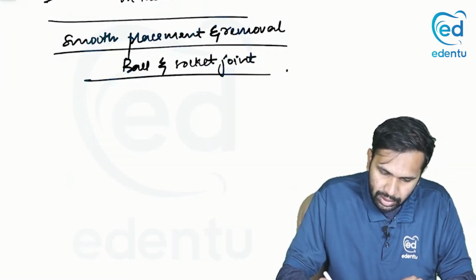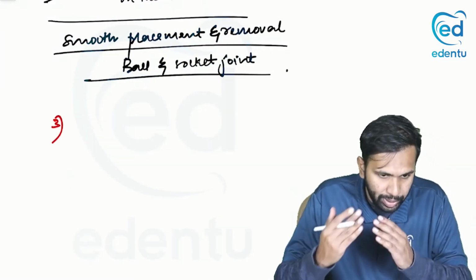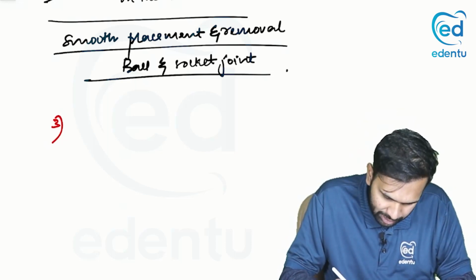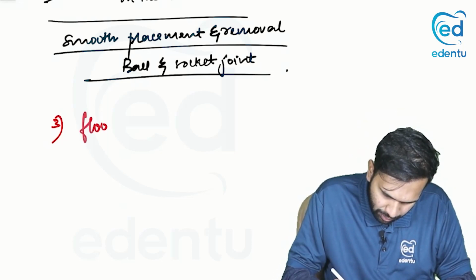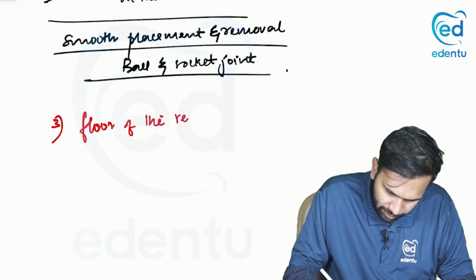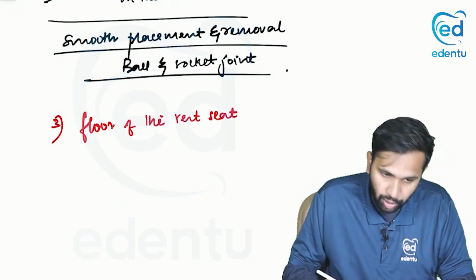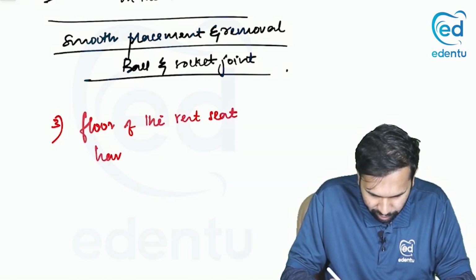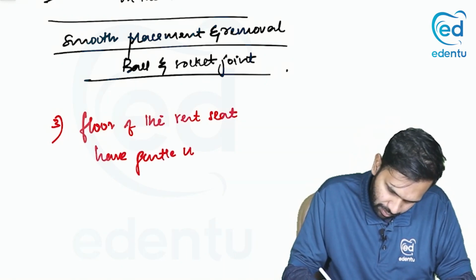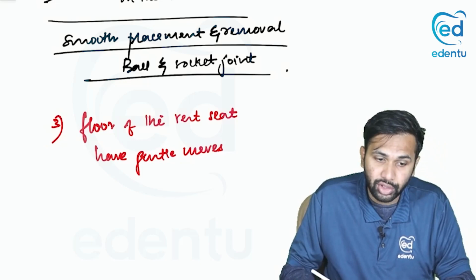Now, this shape, I told you it should be triangle, and the floor of this rest seat should again have gentle curves. It should have gentle curves.